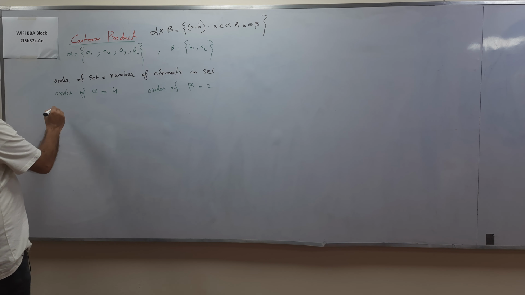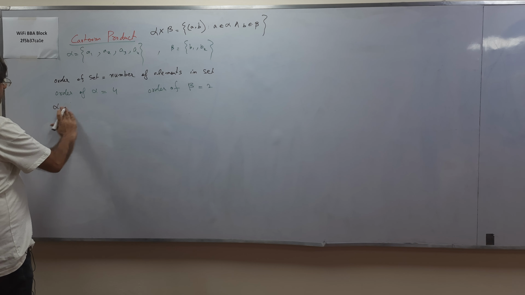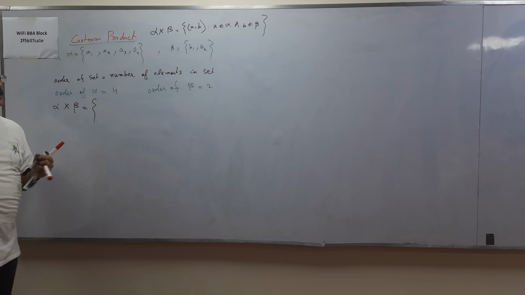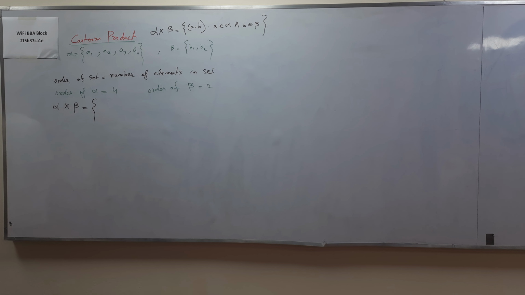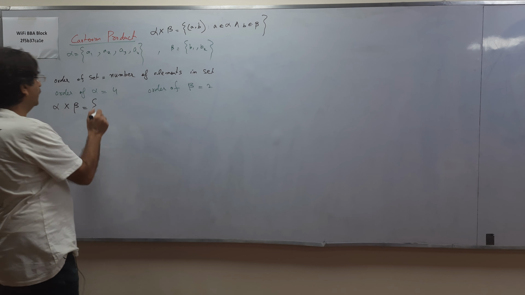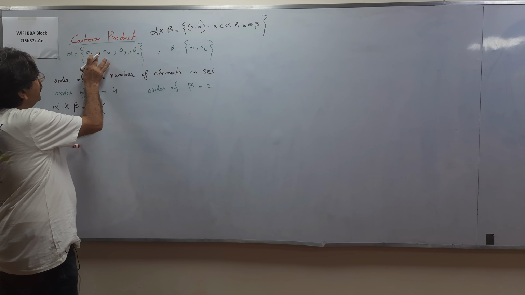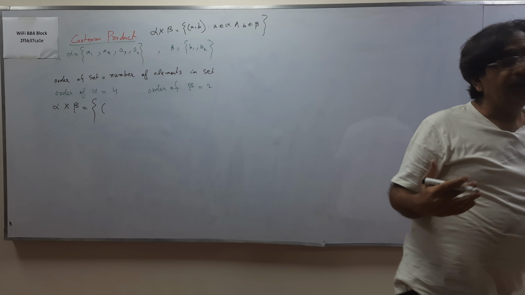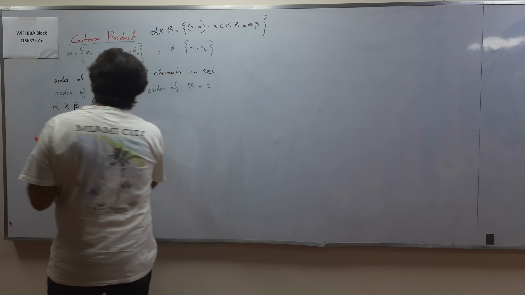So what will be alpha cross beta? I have already told you that it will contain all the elements of alpha and beta. The alpha element will be the first element and the beta element will be treated as the second. So what will the elements be?